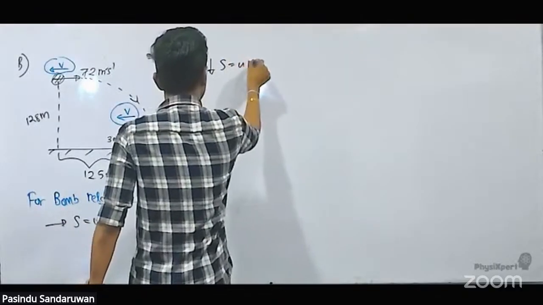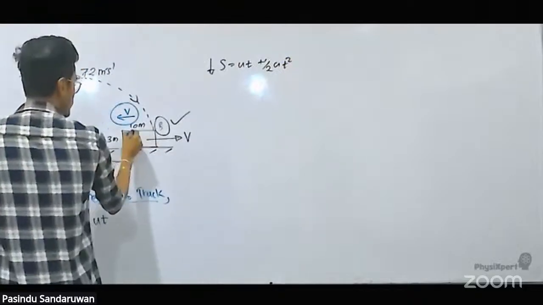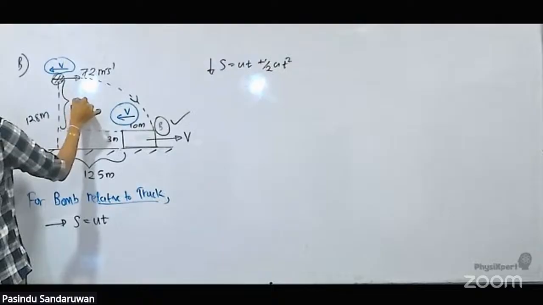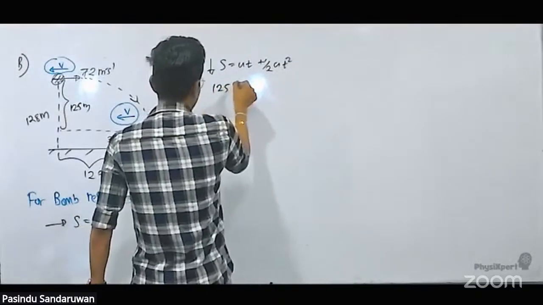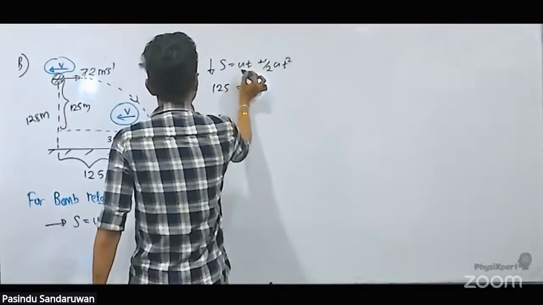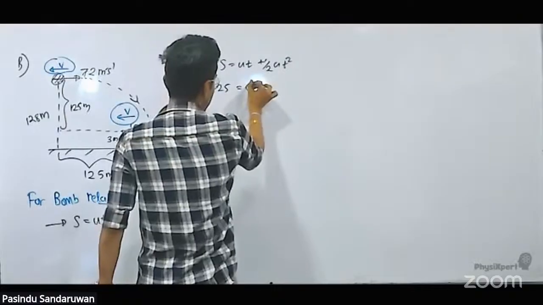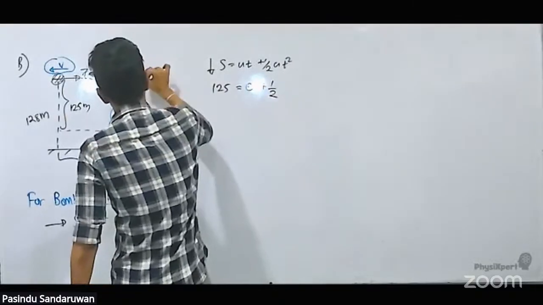S equals ut plus half at squared downwards. Now, vertical distance is from here to here only, that is 125 meters. Right? Then 125. Vertical initial velocity is 0 because initial velocity is horizontal. Perpendicular directions are neglected. 0 plus half. g is vertically downwards anyway.